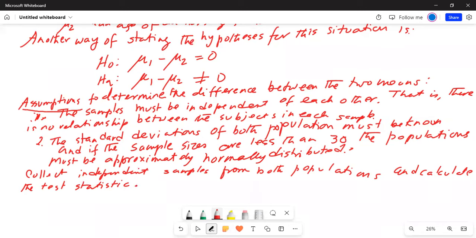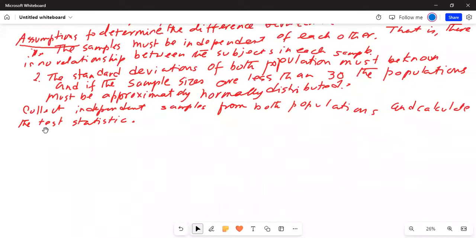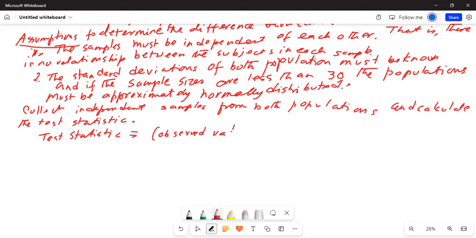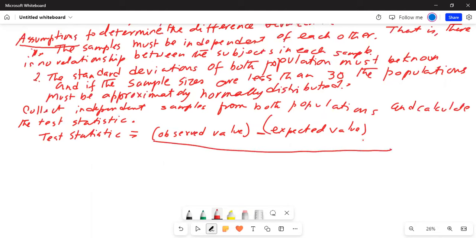So let me create some more space. We know the test statistic is of the form: test statistic is equal to observed value minus expected value, divided by standard error.